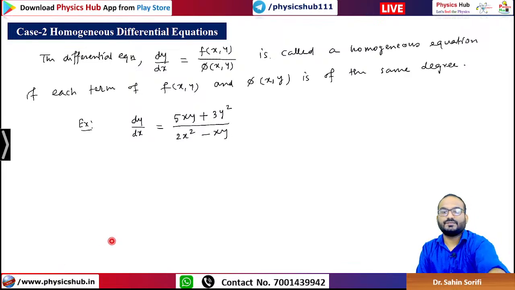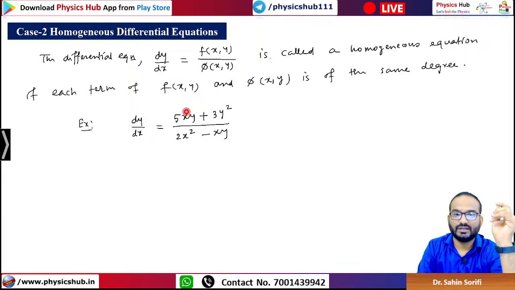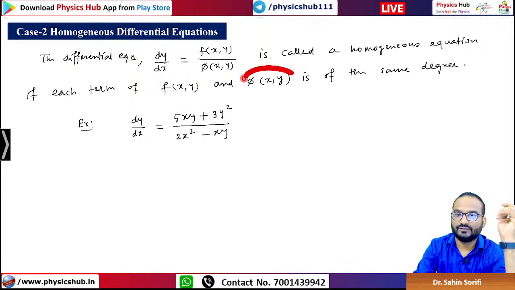As you can see, xy has total power 1 plus 1, which is 2, y has power 2, x has power 2, and xy has power 1 plus 1, 2. So f(x,y) and phi(x,y) are of the same degree.